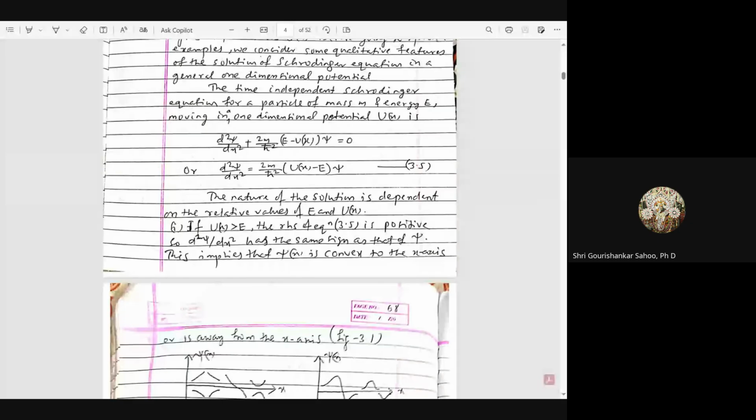So d square psi by dx square has the same sign as that of psi. D square psi by dx square is equal to some positive value multiplied by psi. So the sign on both sides will be the same. Left side it is positive, right side it is positive. This implies that psi is convex to the x-axis and is away from the x-axis.